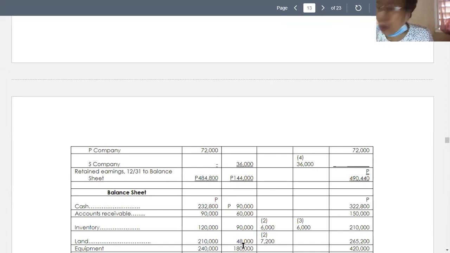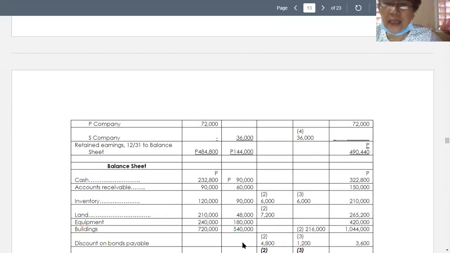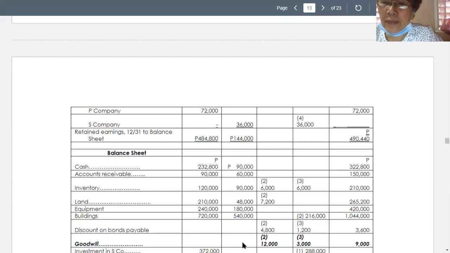Then we go to the consolidated balance sheet. We have the total cash. These are the amounts that we extended to the worksheet in requirement number 2. So you can just look at the columns here. Accounts receivable, inventory. Then we have for land, and we have the equipment account.